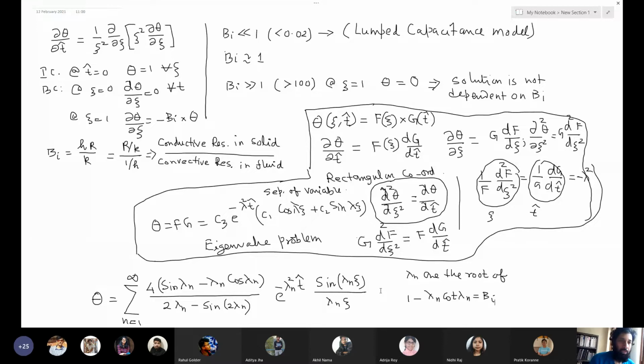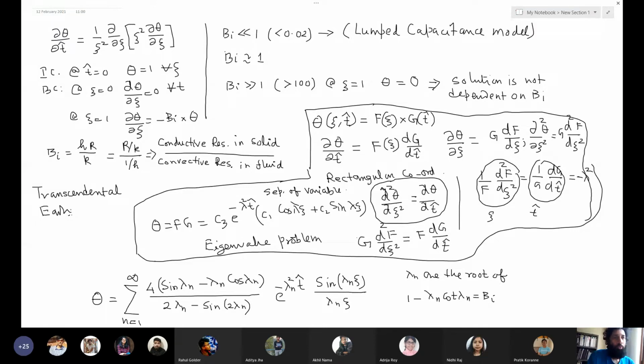You can see that solving this equation is not easy, because it's a transcendental equation, so this equation has to be solved numerically. So let us first discuss the strategy, then we'll discuss how exactly we'll solve this.